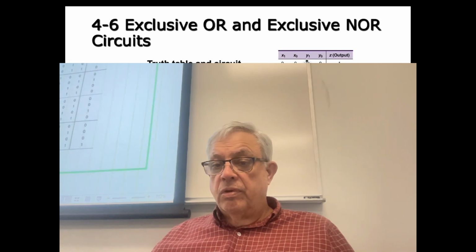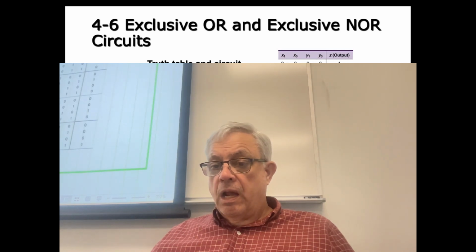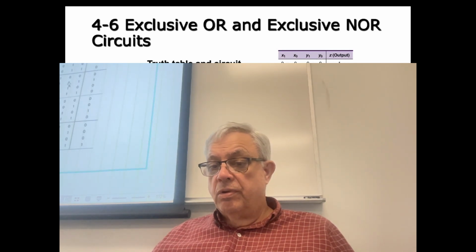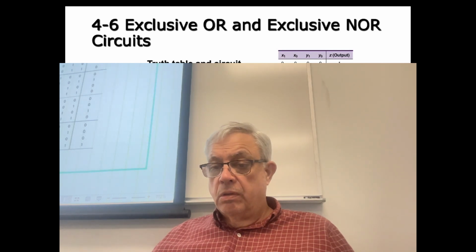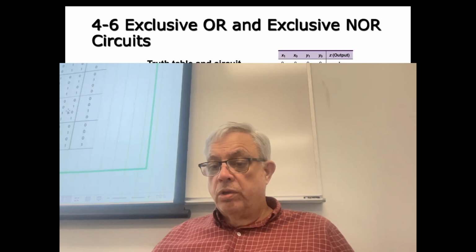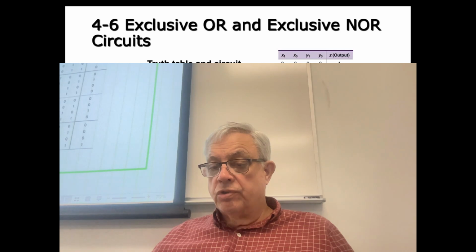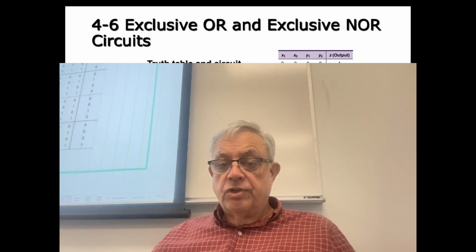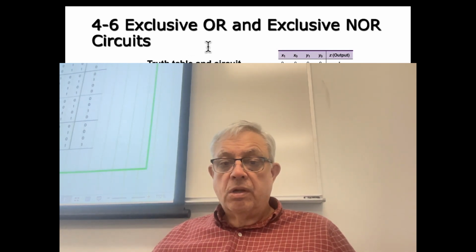So 0 and 0, 0 and 0, I get a 1. 0 and 0, 1 and 1, I get a 1. 1 and 1, 0 and 0, I get a 1. And finally, if they're all 1s, I get a 1. So here's a truth table to prove the exclusive OR circuit.